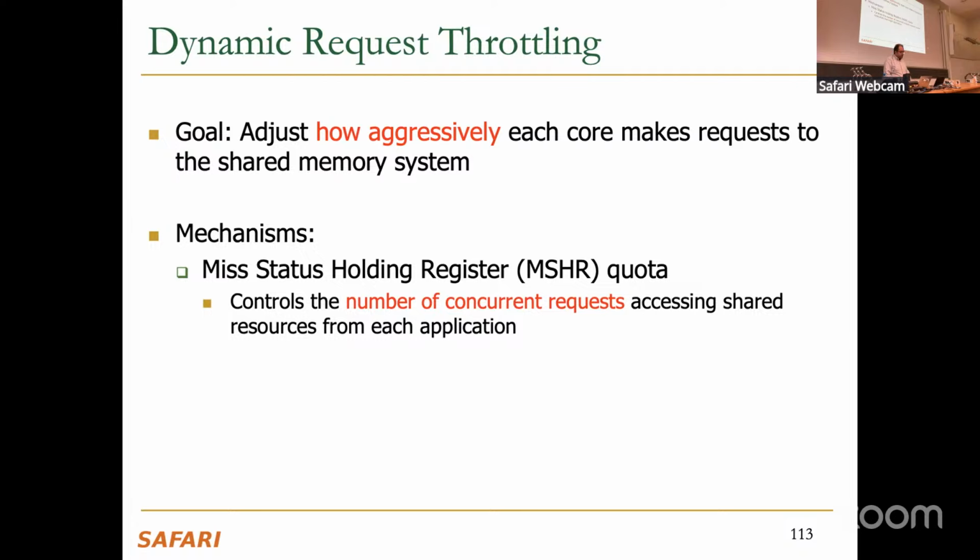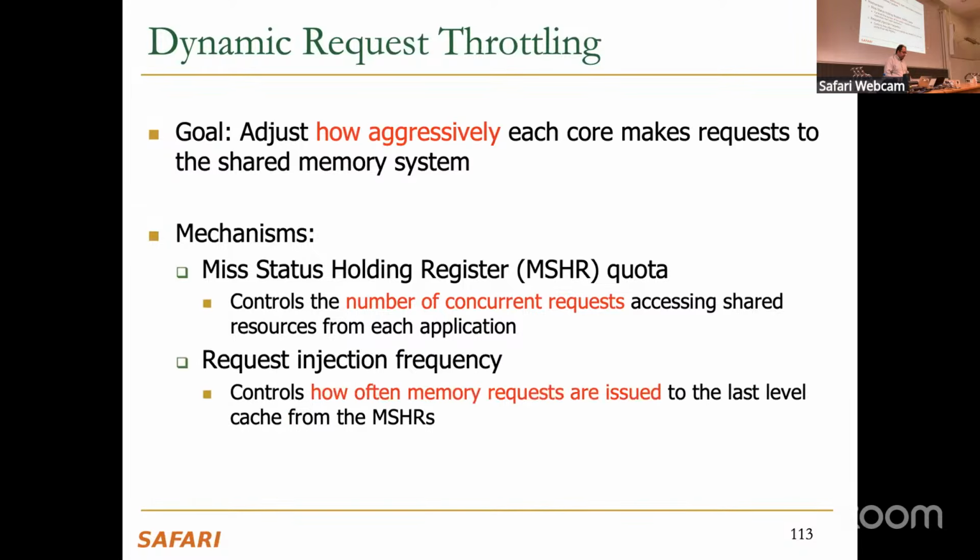So we can control the number of concurrent requests accessing shared resources from each application. If we reduce the quota in MSHR, that application cannot have that many outstanding memory requests, which potentially causes that application to be stalled, and then reduces the rate to the memory system.